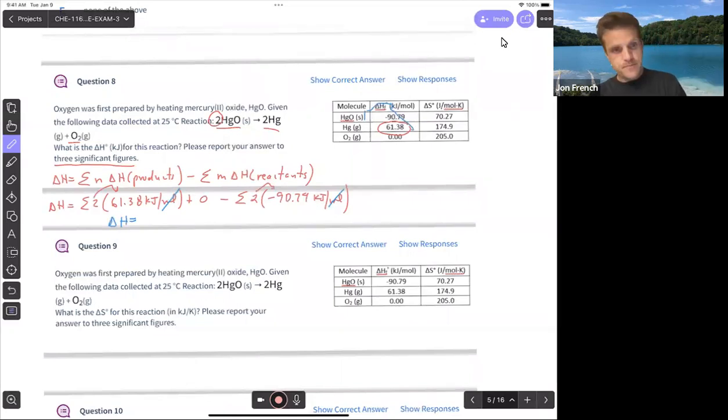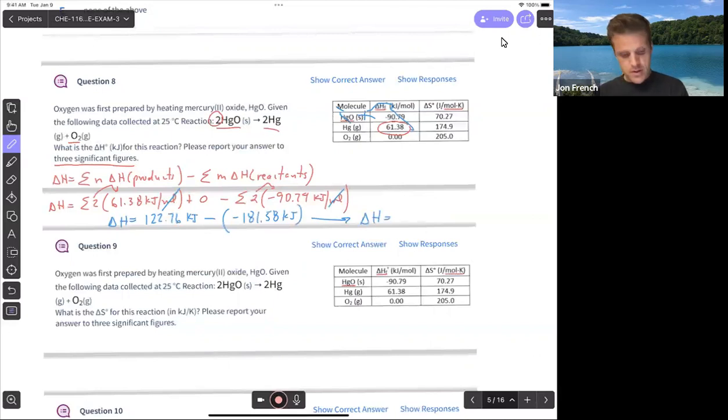2 times 61.38. So 122.76 kilojoules minus a negative 181.58 kilojoules. So we're going to add that across, and I get a delta H of like 300 and something.